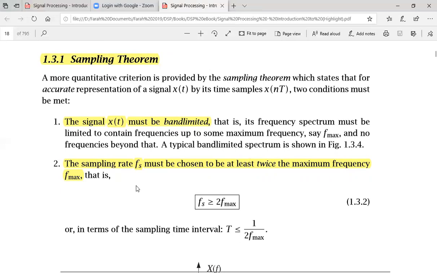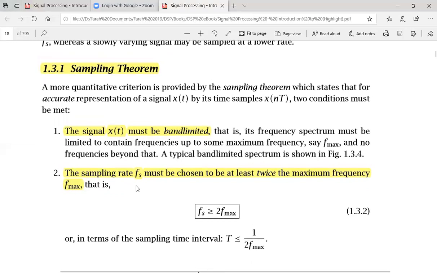Second, the sampling rate fs, the frequency at which you sample the signal, should be at minimum double your maximum frequency. First you have to identify the maximum frequency component in your signal, and then define the sampling rate. Always the sampling rate should be greater than or equal to 2f maximum.